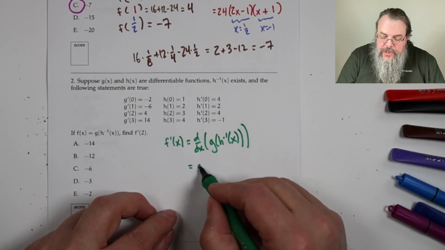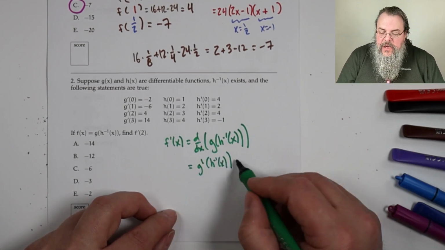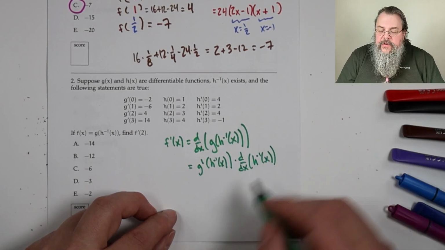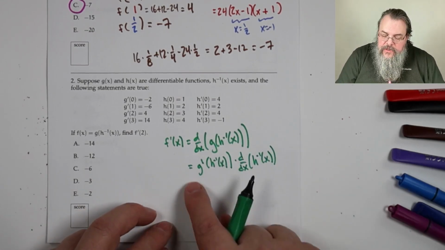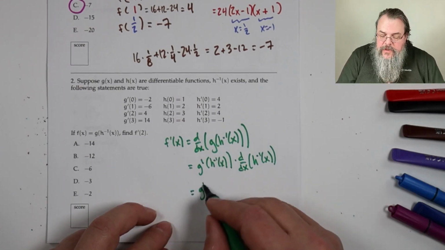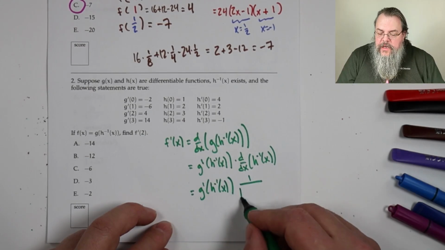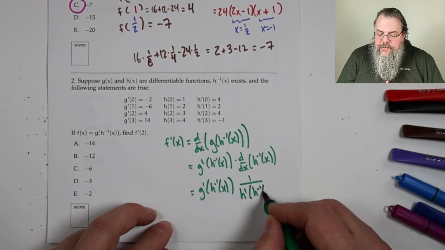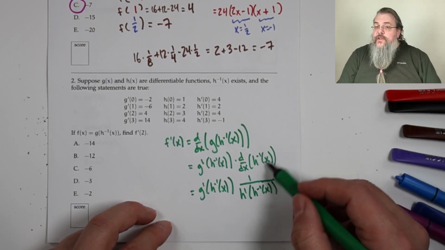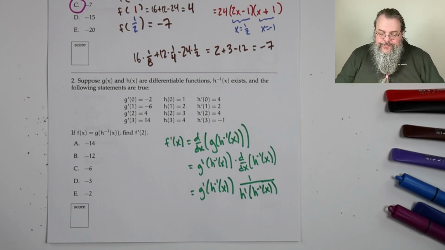So this would be g prime, leave the inside alone, times the derivative of the inside. Okay, great. And now we have the derivative of inverse rule. Well, how does that work? There's a nice way to do it. It's 1 over h prime of h inverse of x. Okay, so that's the derivative of the inverse rule. And the good news is it's just x on the inside, so we've now gone all the way down.